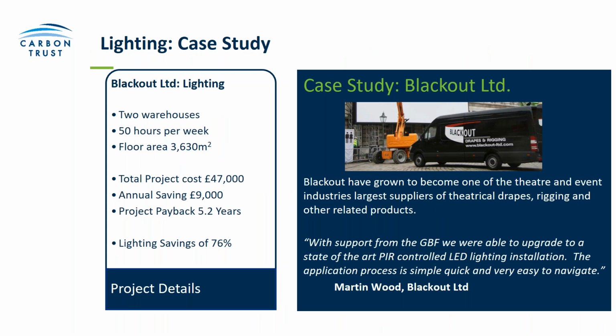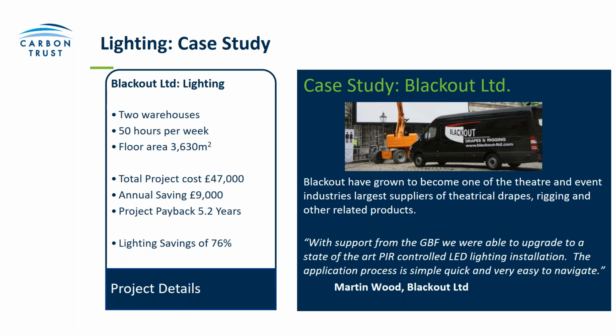And this case study is one of our early case studies from GBF work. And you can see here that Blackout Limited installed lighting with a project cost of around £47,000, delivering them savings of £9,000 per year.